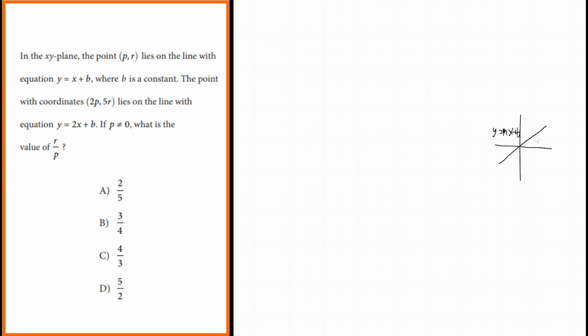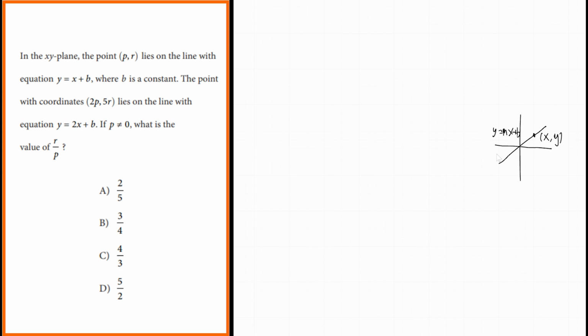And then we have some point on that line, let's say point (x, y). Then what this is saying is that this point satisfies the relationship described by this line equation. So when we look at these points and these lines, we're really talking about relationships.